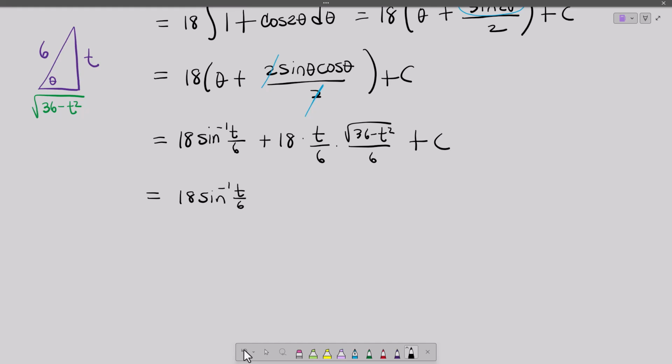Then we just have a little bit of simplification. 6 goes into there 3 times, so that goes 1, that goes 3, and then 3 goes into there twice. So we are left with 1/2, or t over 2, it does not matter how you write it, multiplied by the square root of 36 minus t squared, plus c.